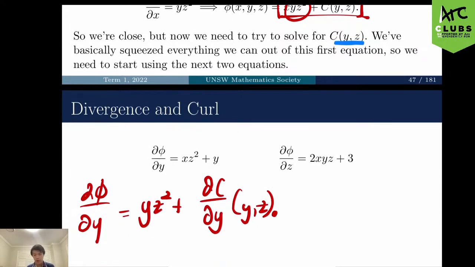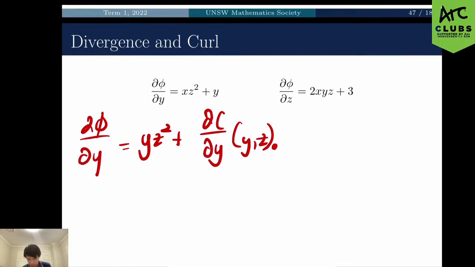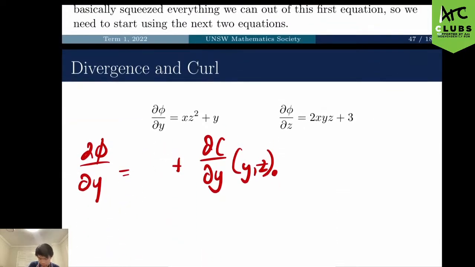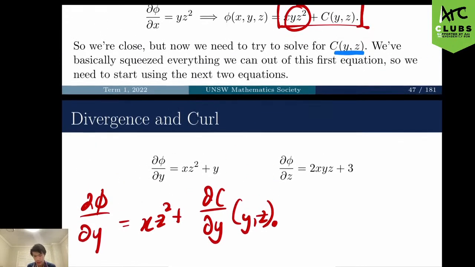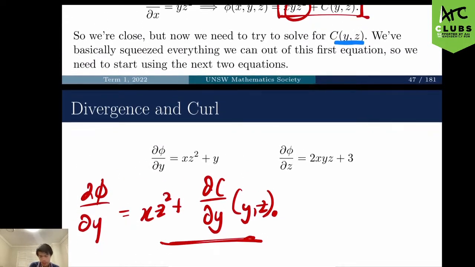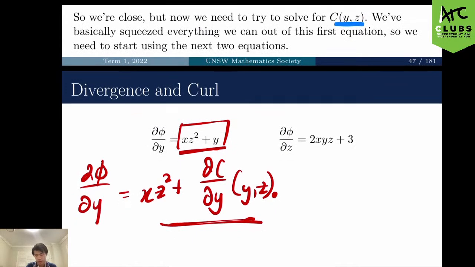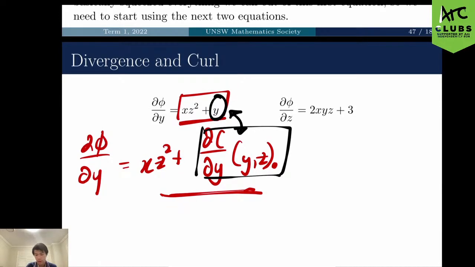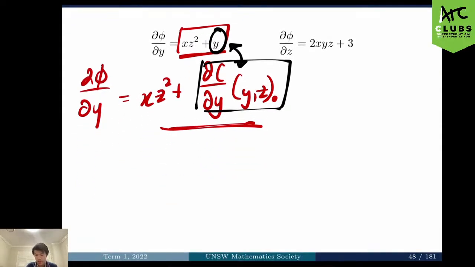Okay. So what does this mean? We know that the derivative is equal to this, and it's also equal to this. So we can compare these two, and that means that we know that the derivative of c with respect to y is equal to y. So in a way, let's just equate that.